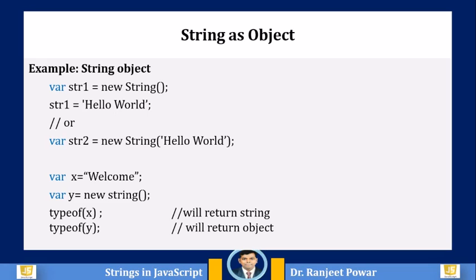So it is recommended that you don't create strings as objects. The new keyword complicates the code and this can produce some unexpected results. So whenever you have to use a string, you can use it as a string without using it as an object.